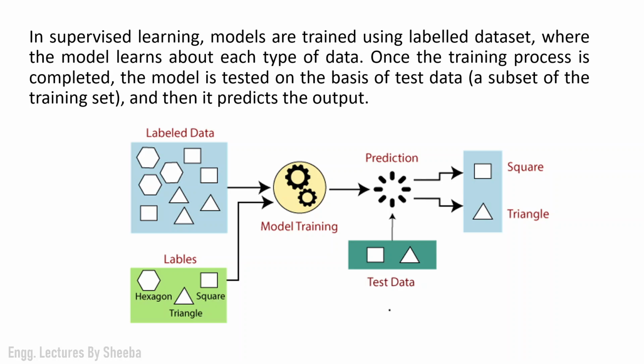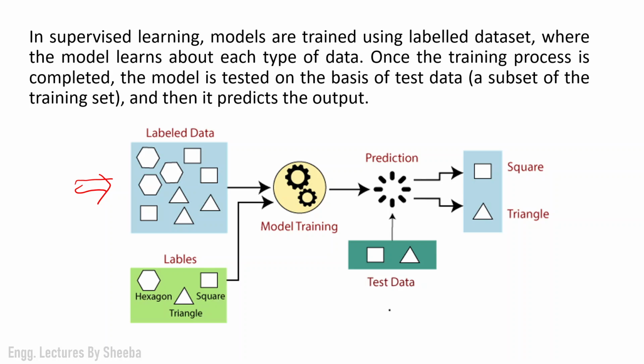In supervised learning, the models are trained using a labeled data set. The data set will be given in labeled form, so the model learns about each type of data. The labeled data is fed into the system, and from the given complete data set, 60 to 80% of the data is taken for training the model.